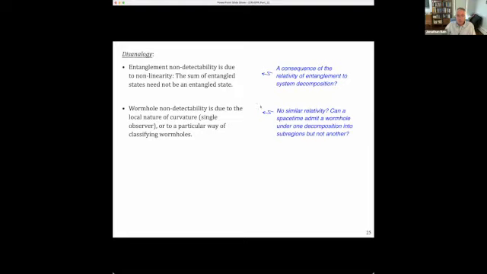So the relevant question to ask here is, can a spacetime admit a wormhole under one decomposition into subregions, but not another? That would be the dual to this relativity of entanglement to system decomposition. And the point here is that this analysis of wormhole non-detectability by Bao and colleagues doesn't seem to take that into consideration.